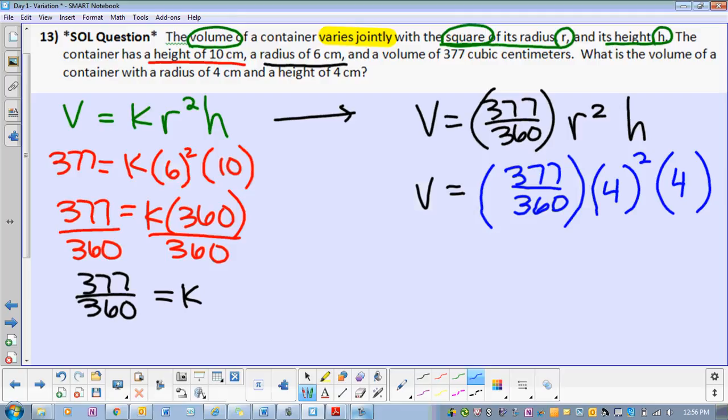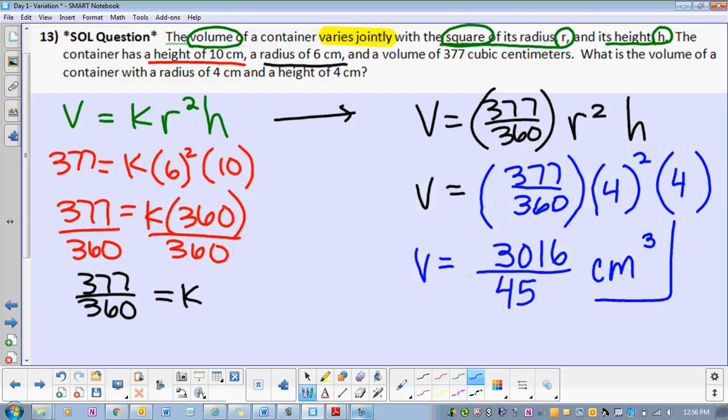What is it, 64? No, 3016 over 45. No, 16 over 45. That's your answer. Such an ugly answer. Okay, what is the unit? Cm. Cubic centimeters. There we go.